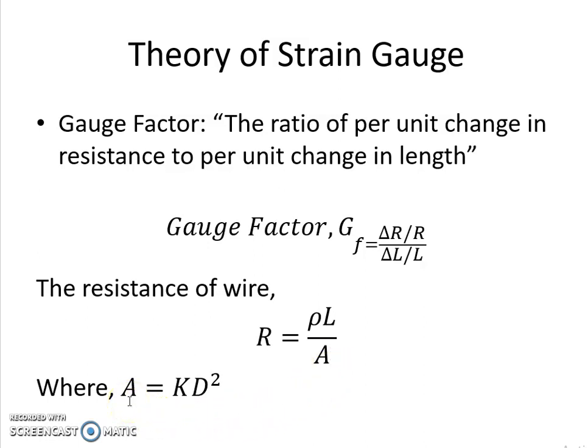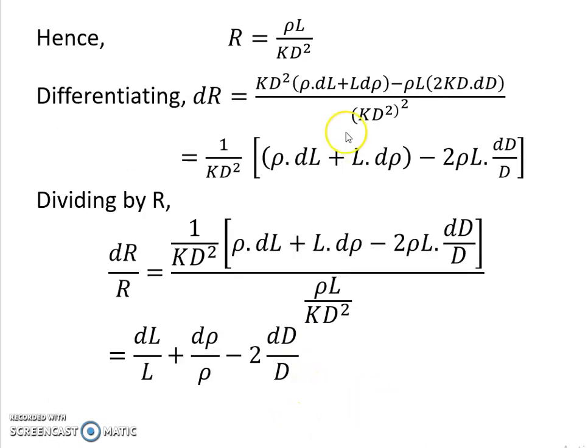Now A can be written as A is equal to K D square, where K is a constant and D is the diameter of the wire. So if we substitute for A, we get R is equal to rho L divided by K D square.